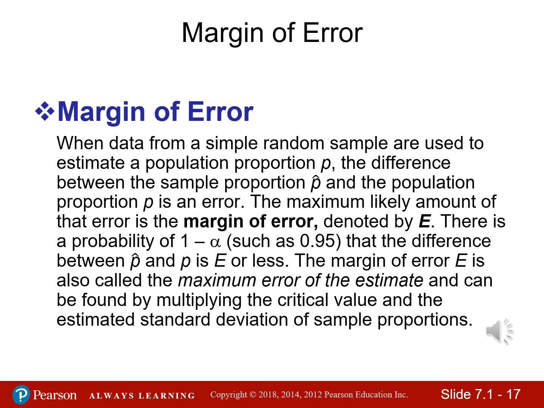The maximum likely amount of that error is the margin of error, denoted by E. There is a probability of 1 minus alpha that the difference between P hat and P is the margin of error E or less. The margin of error E is also called the maximum error of the estimate and can be found by multiplying the critical value and the estimated standard deviation of the sample proportion.